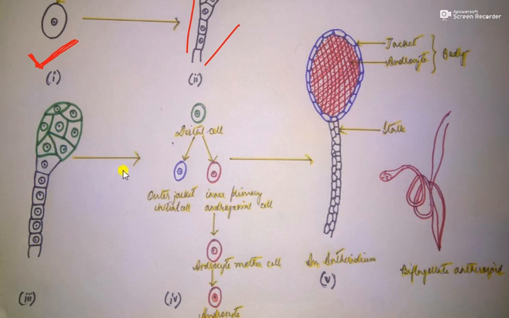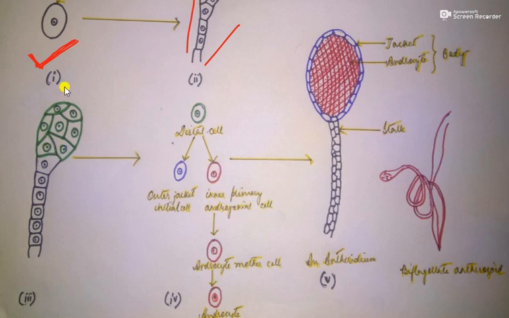Now what will happen? You see, each of the distal cells, these green colored cells, what is the fate of these distal cells? Let us see. Each of them will give rise to 2 different types of cells. One is the blue colored, known as the outer jacket initial cell, and the other is the red colored, known as the inner primary androgonial cell.